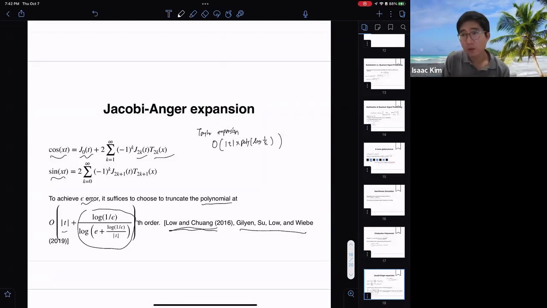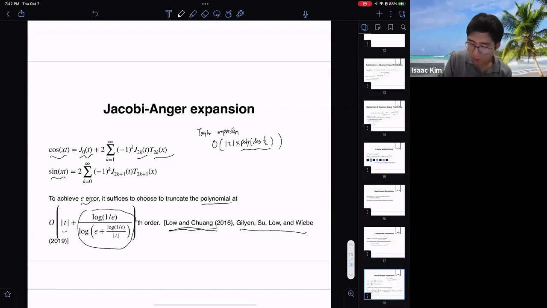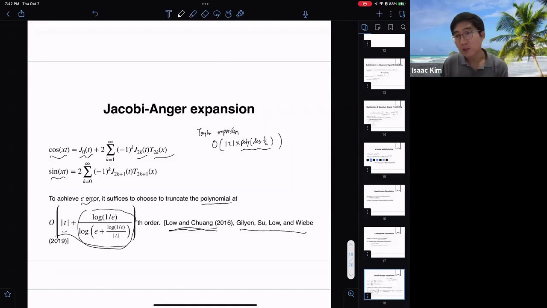Maybe there was a log 1 over epsilon divided by log 1 over epsilon factor. The details escape me, but it was optimal in the sense that the dependence on 1 over epsilon when you fix t was optimal up to some logarithmic corrections, and the dependence on t once you fix epsilon was also optimal because it was nearly linear. So if you fix one parameter, the resulting complexity is optimal in the remaining parameter.